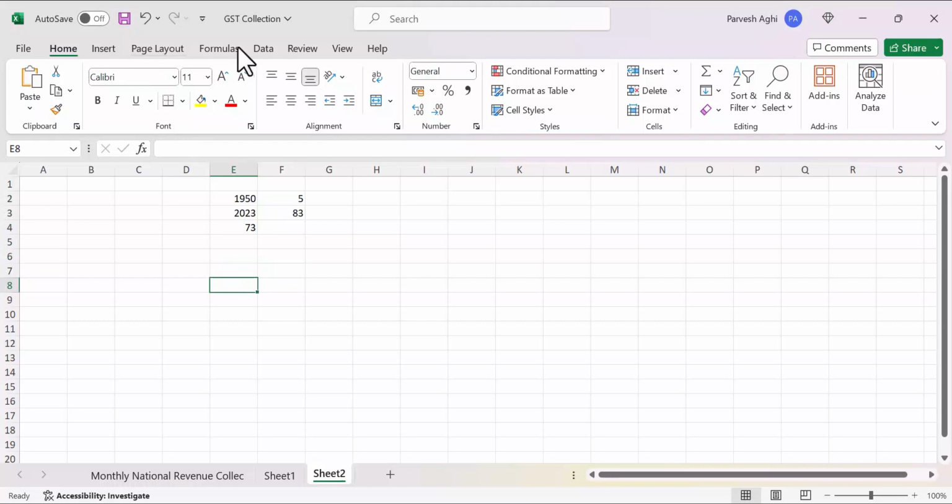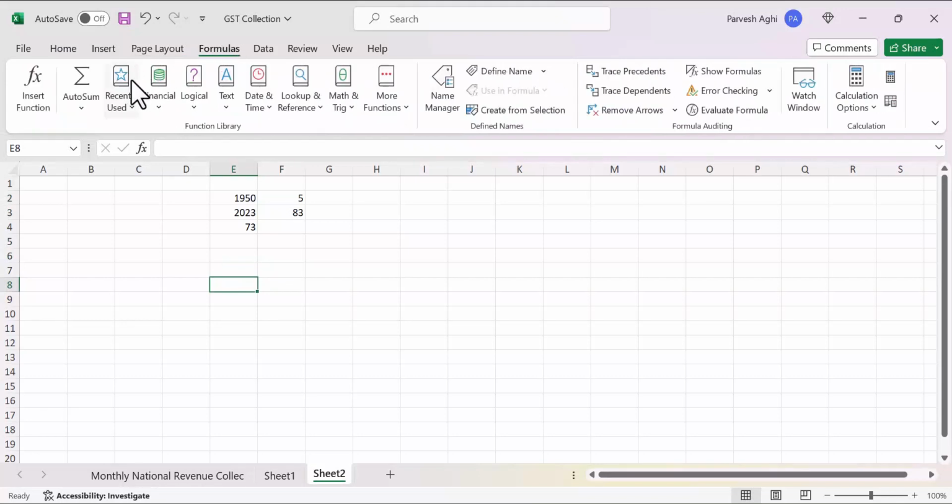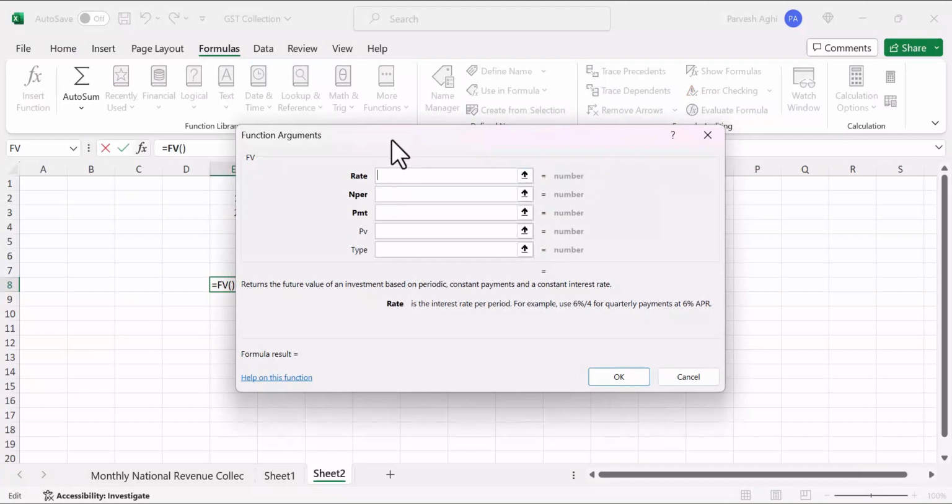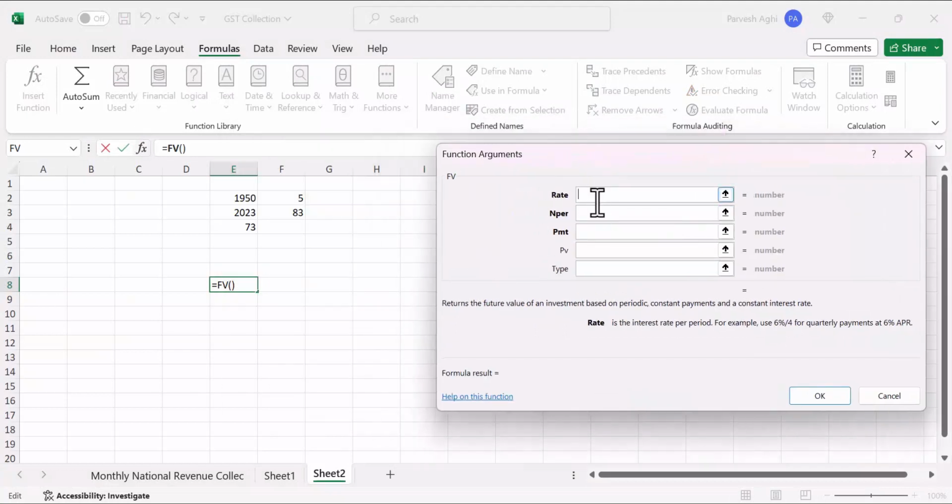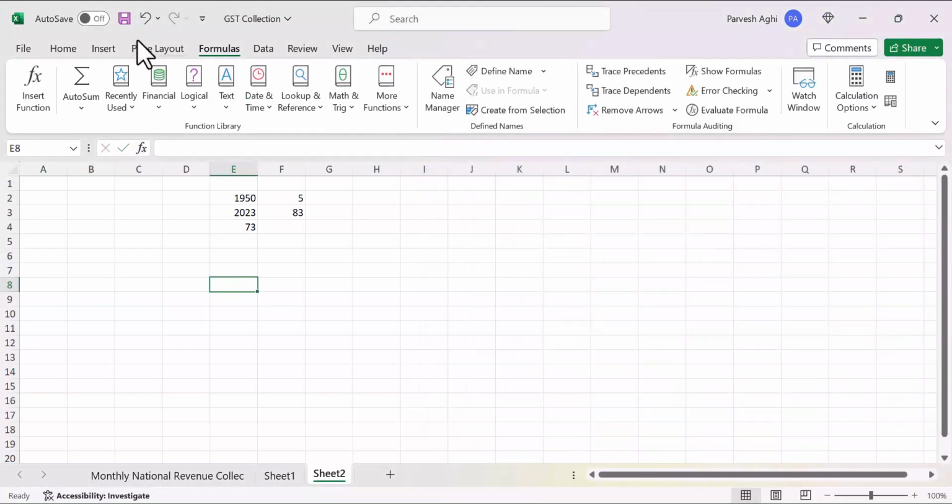Okay, so let me just use the formula. Which formula am I going to use? Future value. So the rate is how much? 73 years. Sorry, one second, what rate am I looking for? It should be the rate.